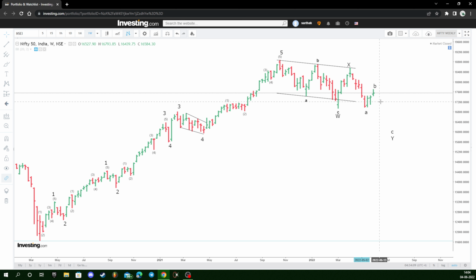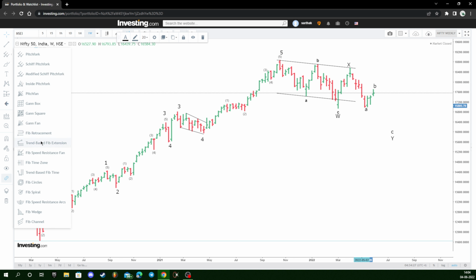That doesn't mean the correction might not stop there and we are again heading towards the all-time high. There can always be some other alternatives. So this could be the A wave and this could be the B wave, and there is a possibility we could head lower towards wave C.